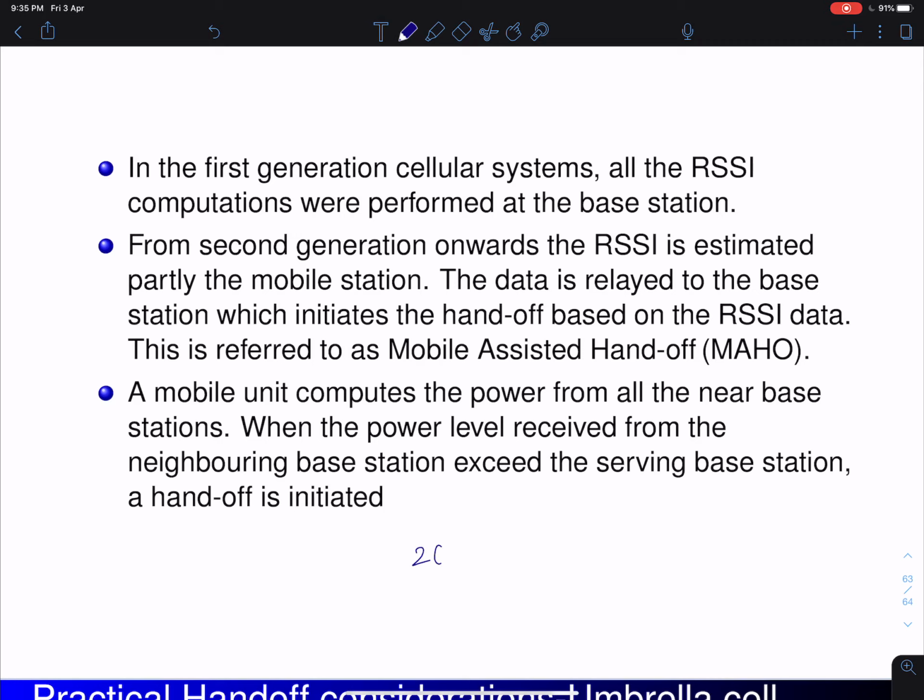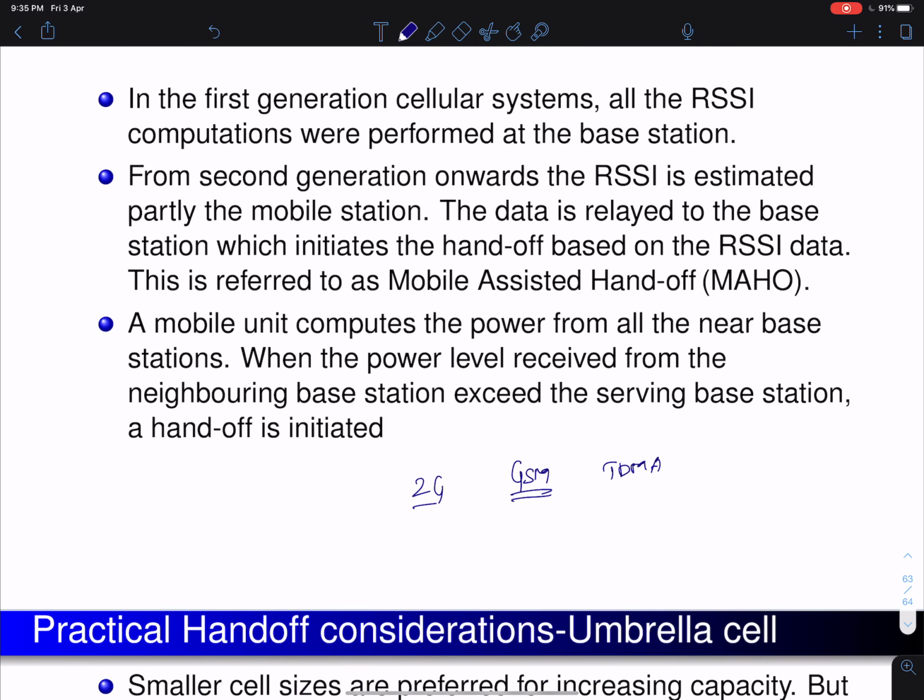The second generation was what we call GSM, which was a digital communication system, and we said it employed TDMA. When it was employing TDMA, in a TDMA system you are given a slot, and you can only transmit in this slot. In the remaining slots, the data is buffered, which means there is no transmission or reception happening in those slots. Whatever data is generated at the mobile phone is just getting buffered, stored.